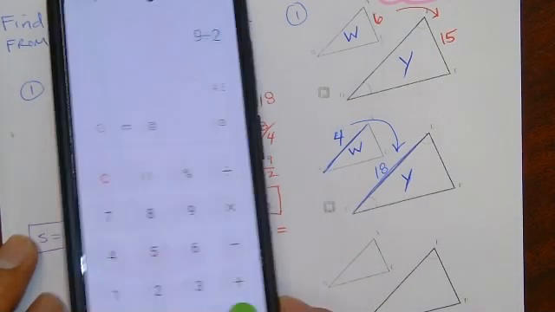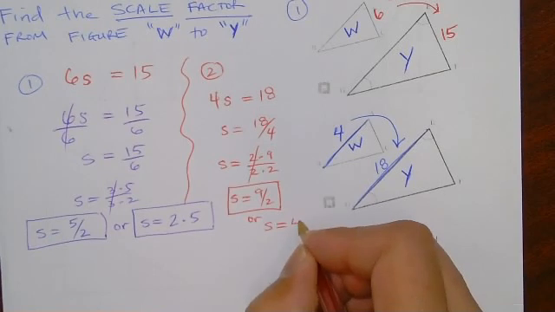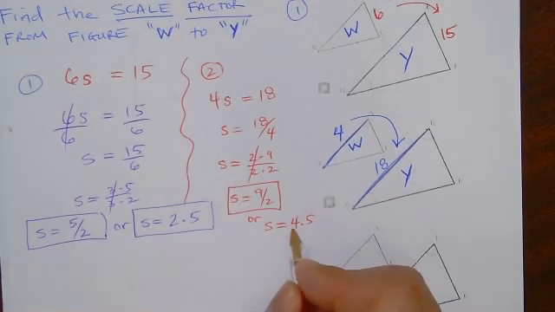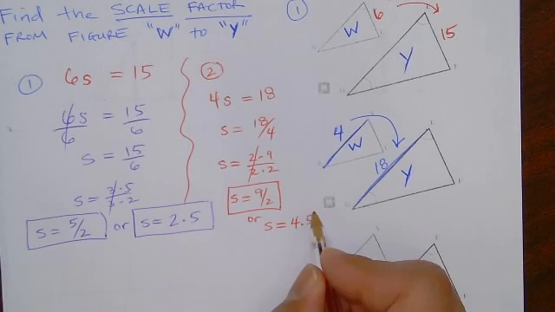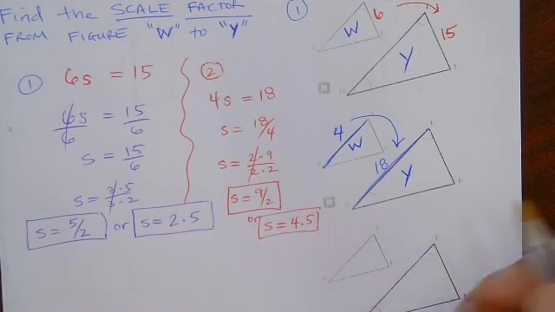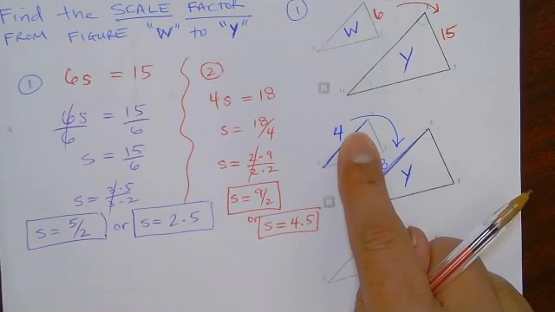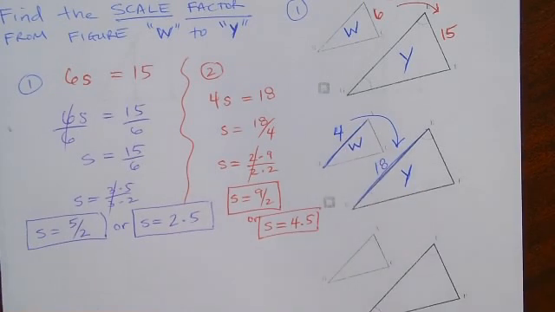Anybody got it? 9 divided by 2? 4.5. Well, 0.5 is like half, right? 4.5. What does that mean? That means that this one is 4.5 times bigger than this one. Yeah?